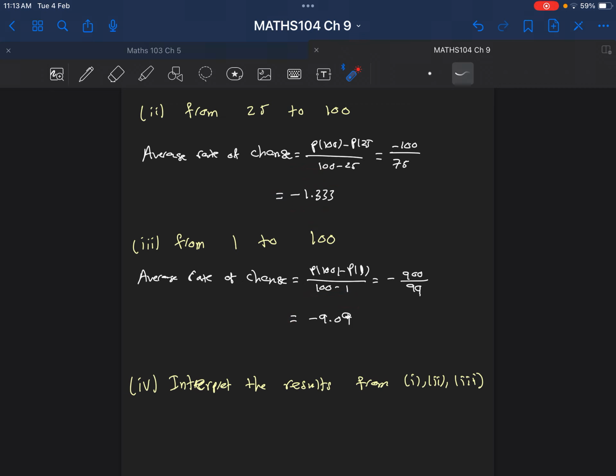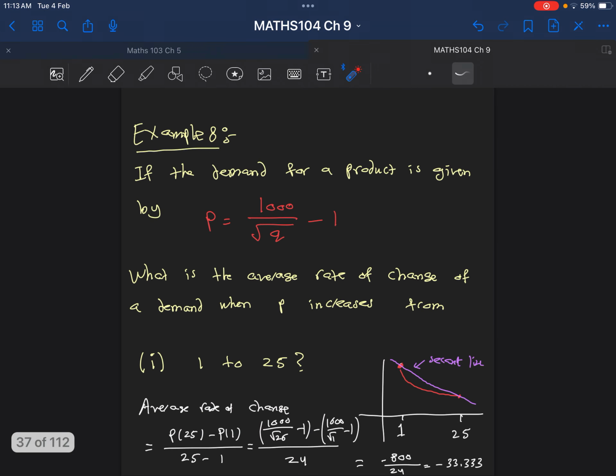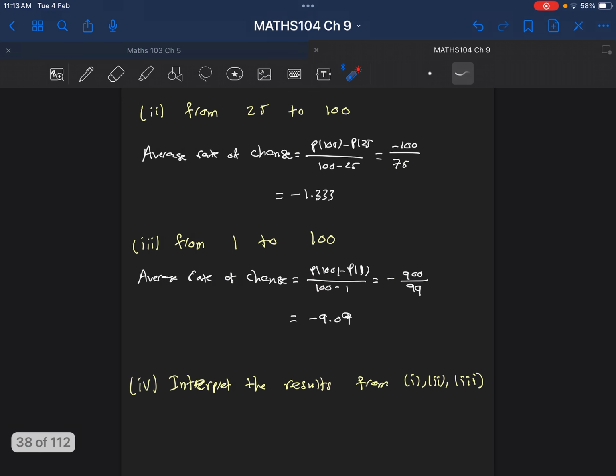Now, how do we combine those three together? It looks like the highest drop happens from 1 to 25. At the beginning, once we increase the product from 1, 2, 3, 4 up to 25, the price will drop dramatically. Same thing, if we jump from 1 to 100, we continue doing it, the price will drop, drop, drop. If we take the average, the total drop will be negative $9.